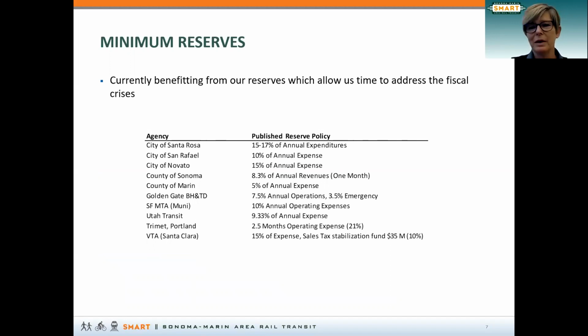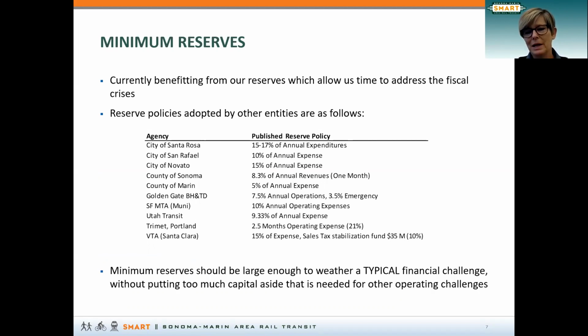Just quickly, we also recommended to the board a minimum reserve policy starting in the 2021 budget. I presented this chart to them of the range of policies that various cities and transit districts have. You can see it runs from 8.3% of revenues up to 15 to 17% of expenditures. So there's a range.